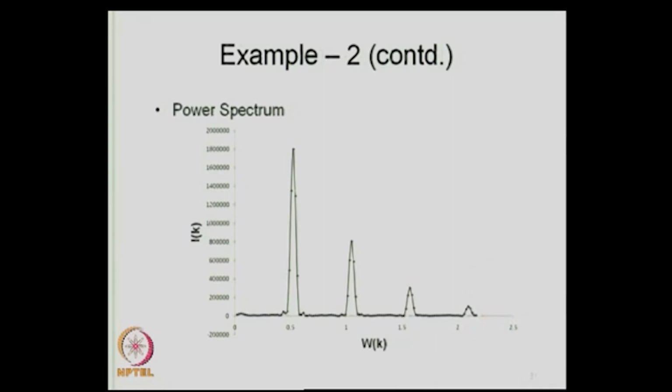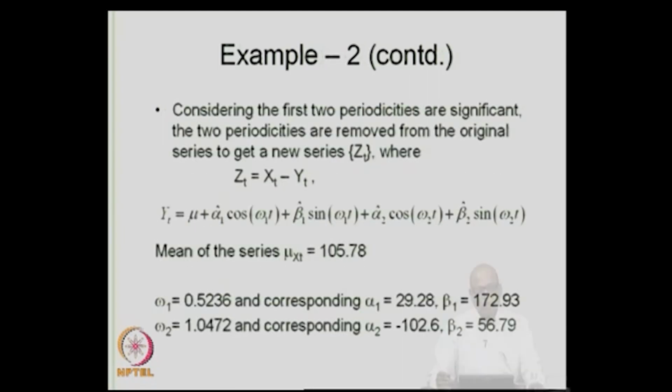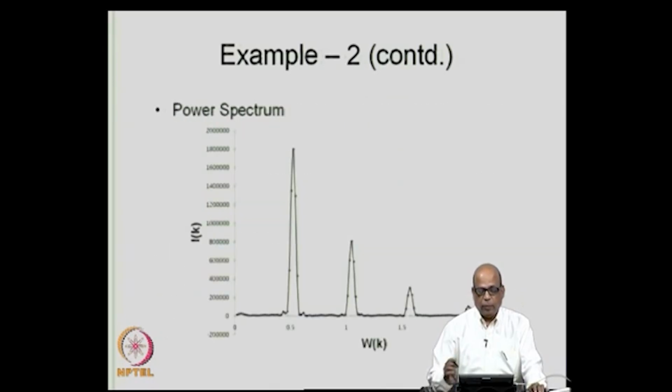But whether all of these periodicities are significant and need to be included in our time series models needs to be tested by the test that we just indicated. So, let us say that we assume 12 months and 6 months are significant, but we are not so sure whether the 4 month periodicity is significant, whether the 3 month periodicity is significant and so on.